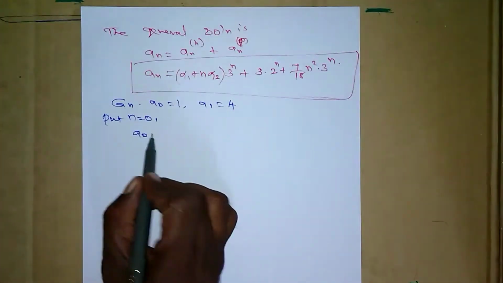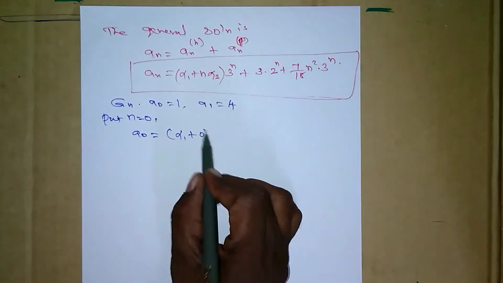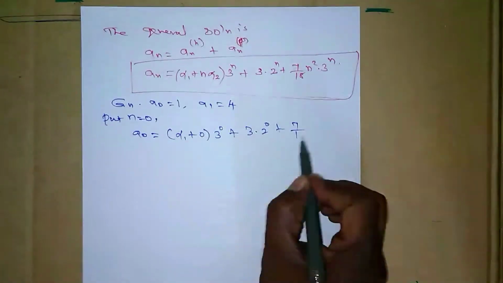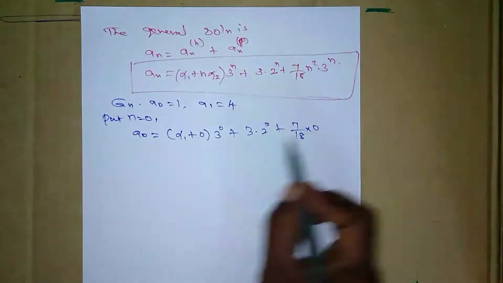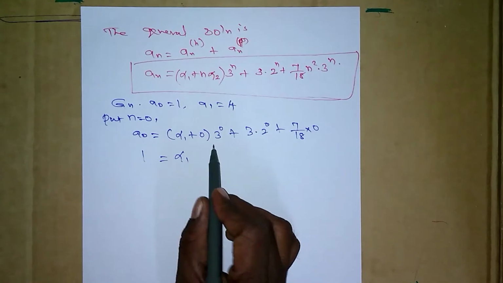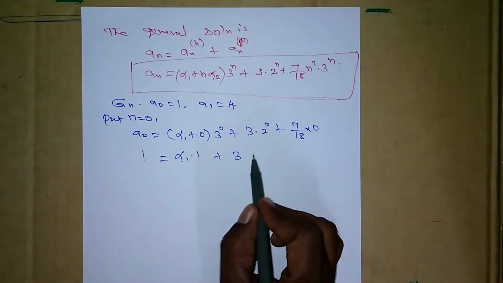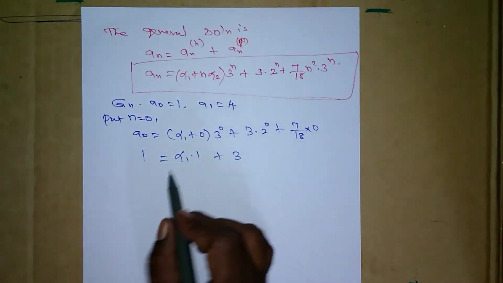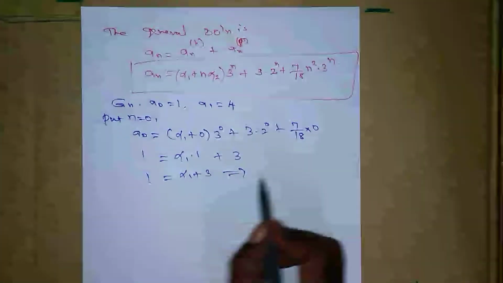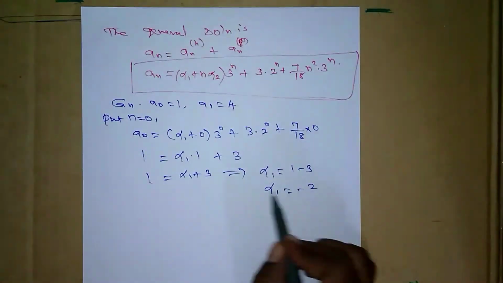We get a0 is equal to alpha 1 plus n equal to 0 means 0 into 3 power 0, plus 3 into 2 power 0, plus 7 by 18, n square is 0. Therefore, a0 is equal to 1. This is alpha 1 into 3 power 0 is 1, plus 3 into 2 power 0 is 1, plus 0. Therefore, 1 equal to alpha 1 plus 3. It implies alpha 1 equal to 1 minus 3. Therefore, alpha 1 equal to minus 2.